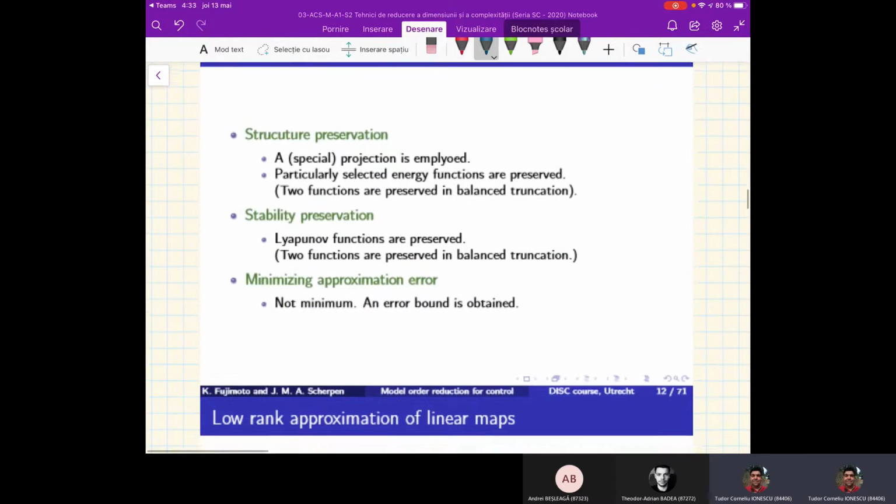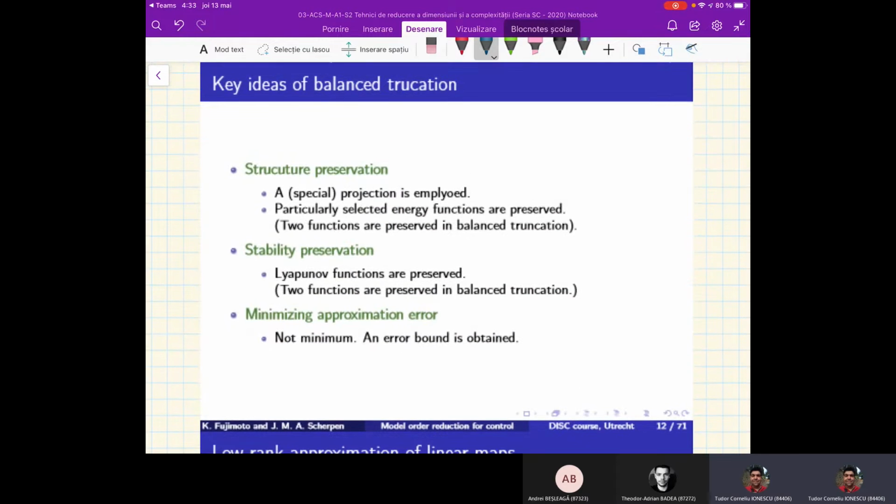Key ideas of balanced truncation, they say here. So you must have structure preservation. So you employ a specific type of projection. Because you select particular energy functions, and we already know we have the controllability and the observability functions. There are two of them in balanced truncation, of course. You do stability preservation because the Lyapunov functions are essential.